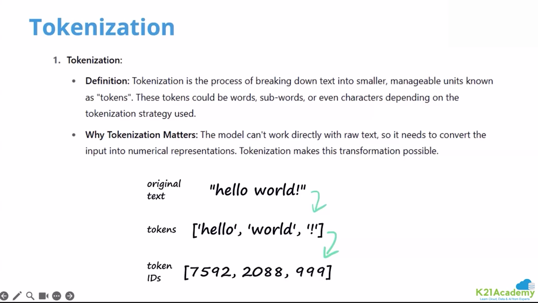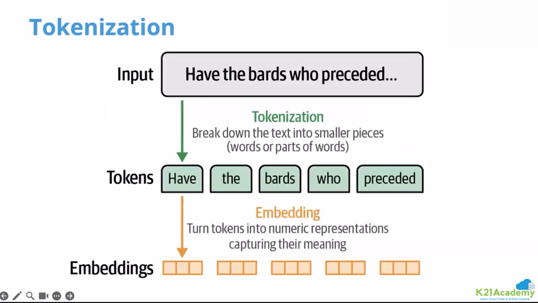Now embedding happens. We'll come back to embedding, but first let's get this tokenization right. You can take an input, break it into different tokens, then convert the tokens into a numerical representation. That's called embedding.